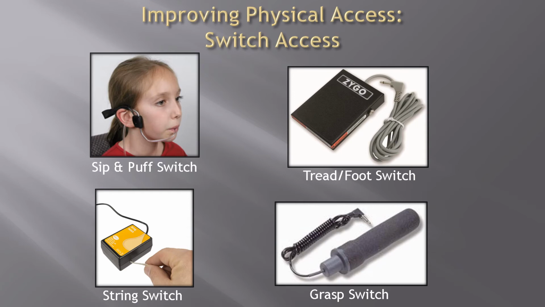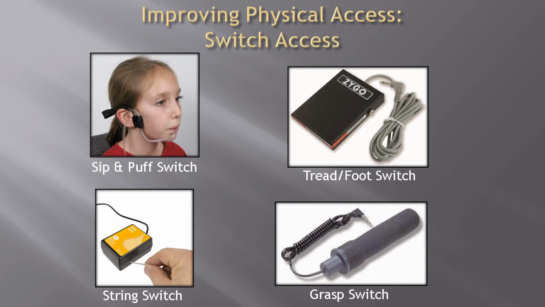In the bottom left, you have a string switch. This is similar to what you have on many lamps. You pull on the string to activate the switch. A great way this can be employed is by lengthening the string and tying it around a wrist or an ankle. Then you can, again, get an activation with larger, less controlled movements.